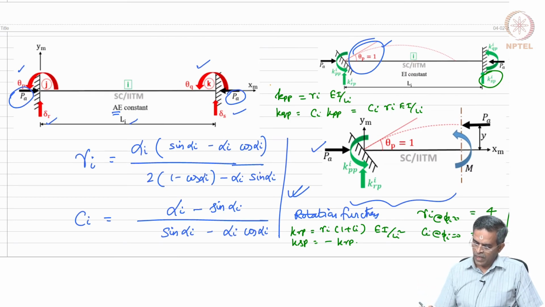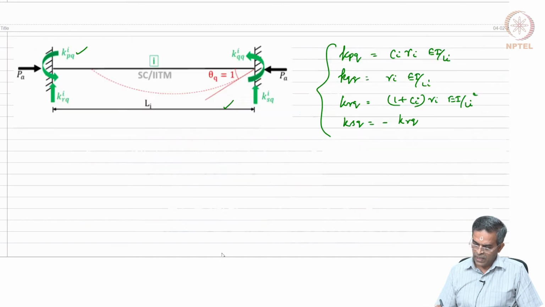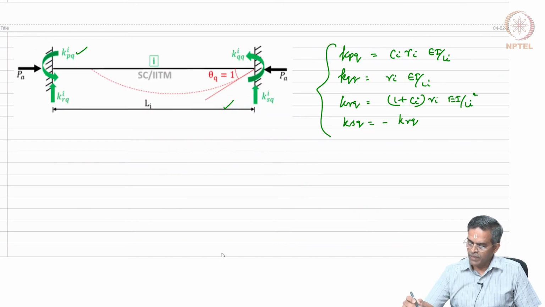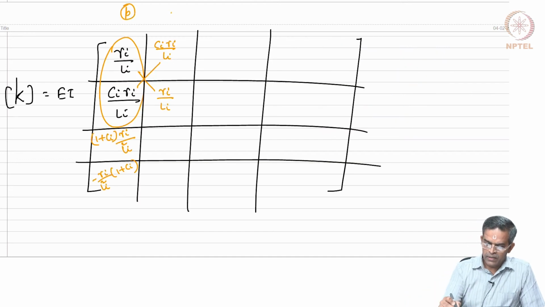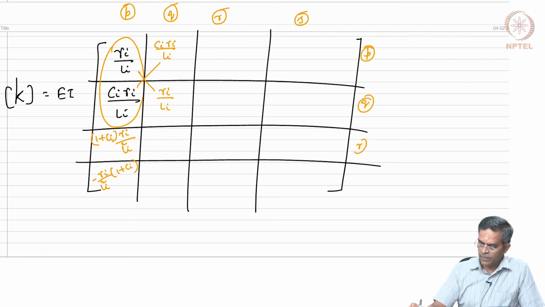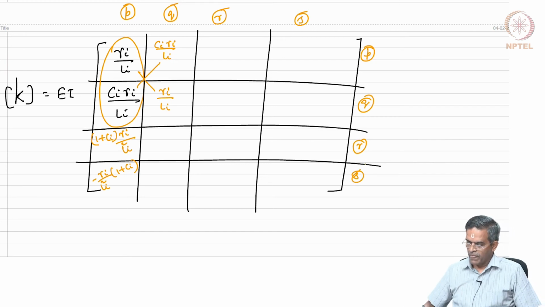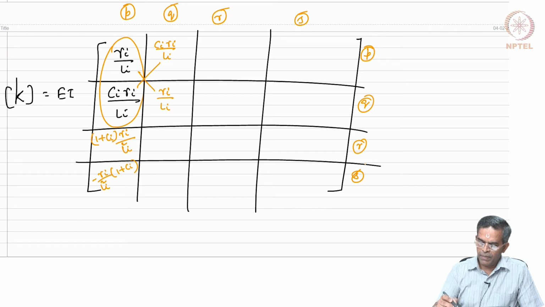KPP, KQP, this is the first column, okay. The second column will be KQQ is Ri EI by Li. I am doing the same thing. This is P, this is Q, R and S. Okay. So, I am looking for, let us say, KPQ, okay.